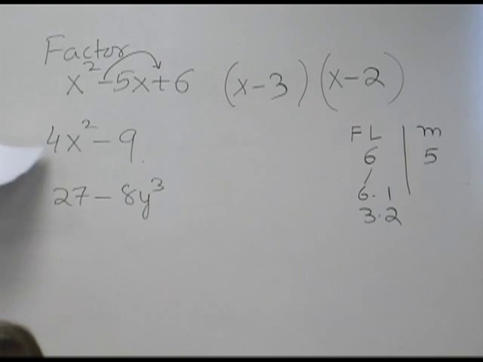Alright, what about the second one? What formula am I going to use? 4x squared minus 9. Anyone, any idea what formula I'm going to use? See? For this one, what should I use?